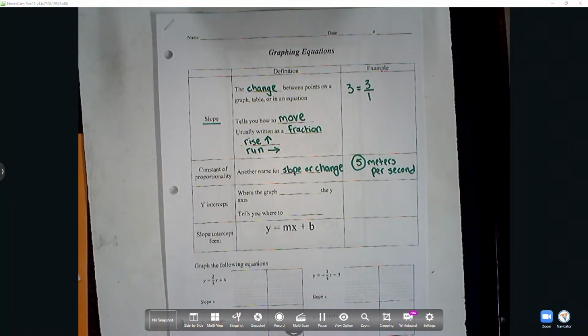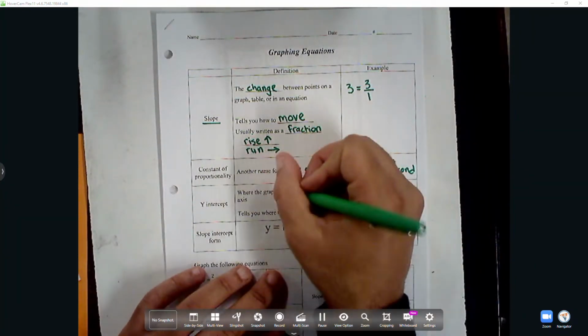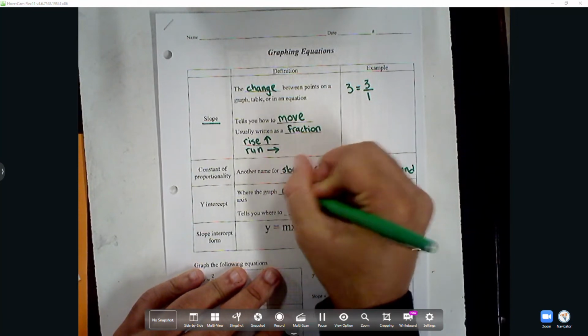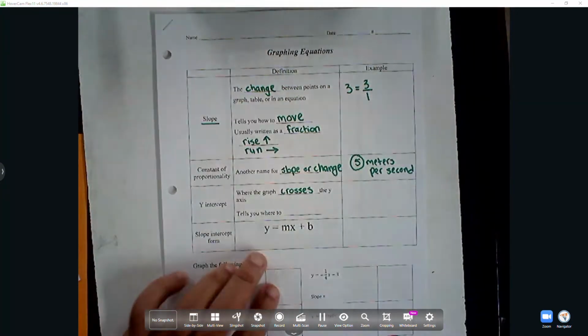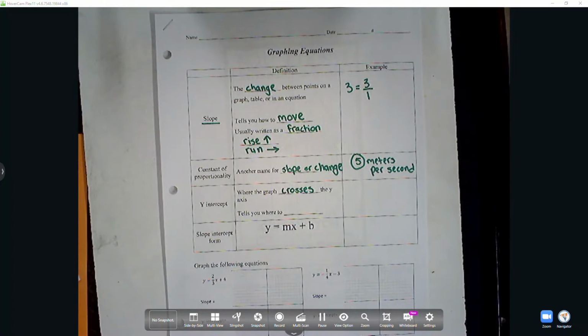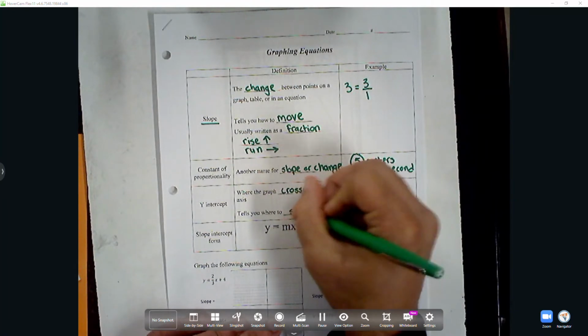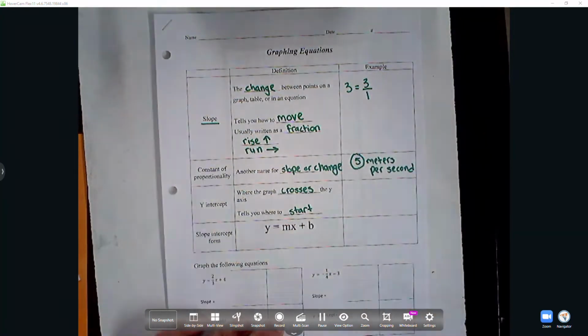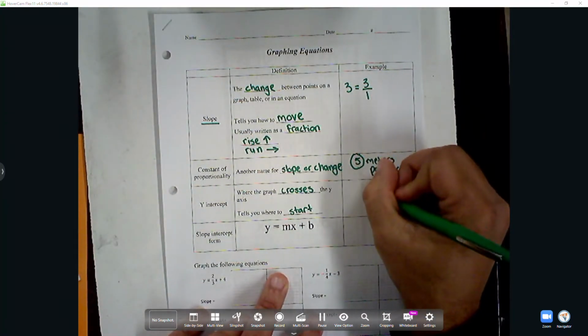Okay? We also have talked about the y-intercept before. The y-intercept is where the graph crosses the y-axis. When we're graphing, it tells us where to start. We're going to draw a little picture.